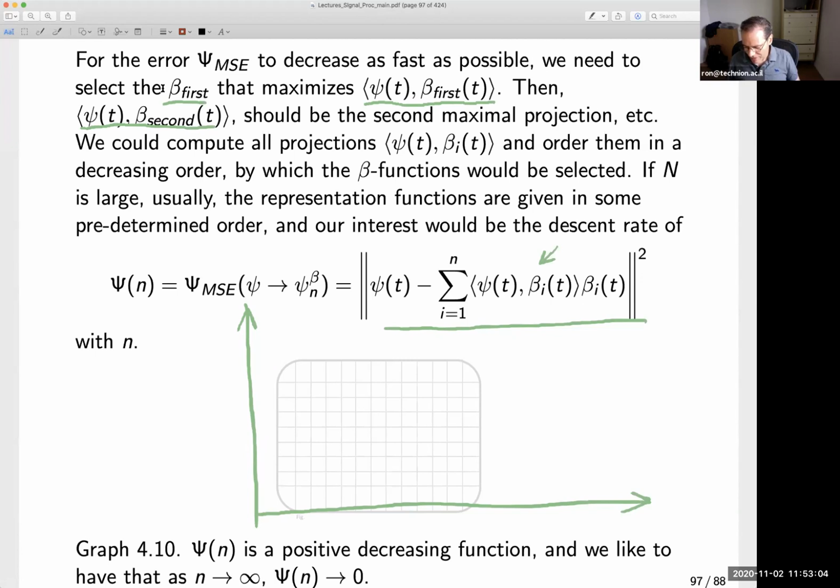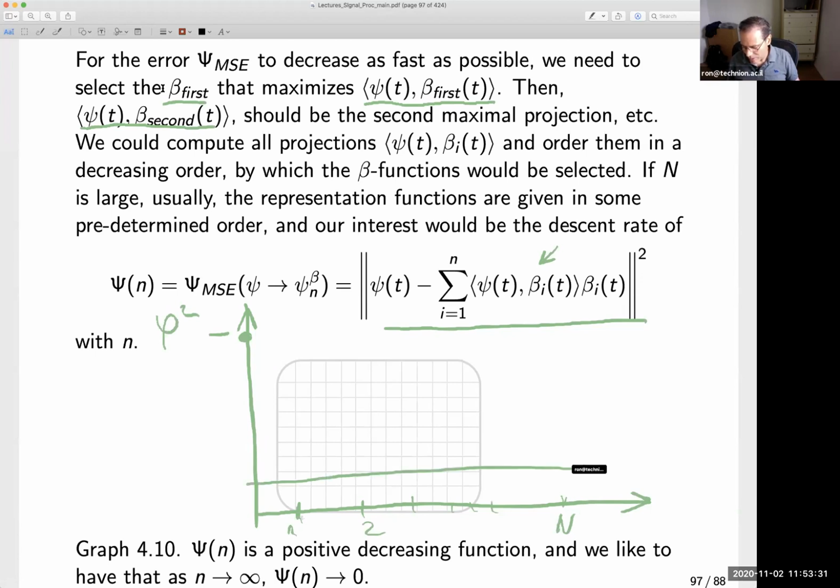So what happens is that first of all, assuming this is the energy of my signal. Okay, so this would be phi squared. I'm projecting it onto nothing, so this would just be the energy of the signal. Picking up the first one, and this is picking up beta 1, beta 2, etc. And in beta n, the error is something which is bounded.